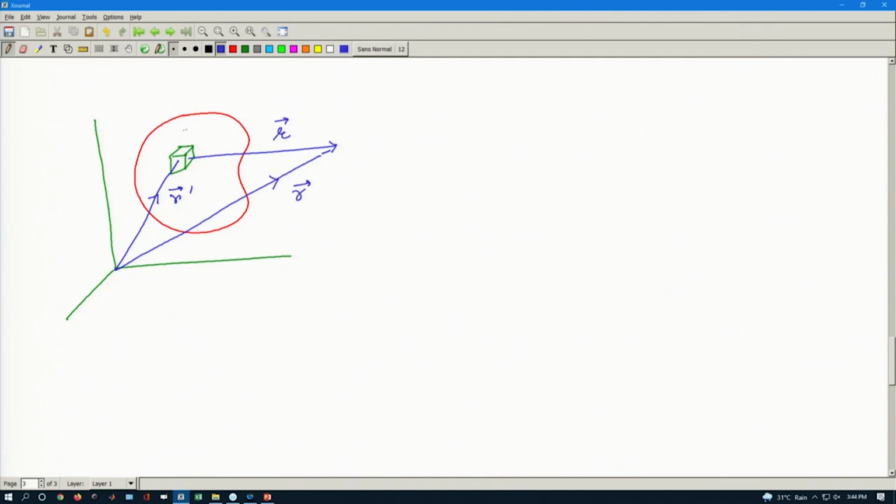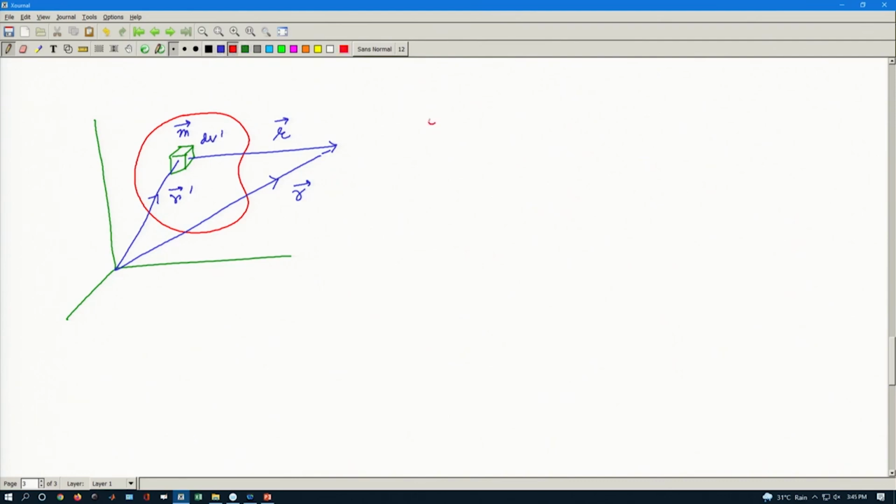Here, this is the dipole moment of this small tiny region, and dv prime is the small volume element.